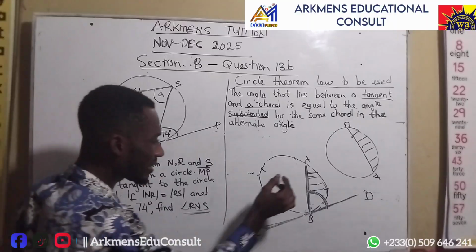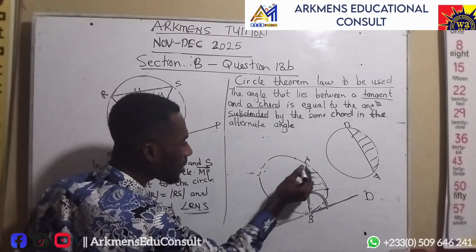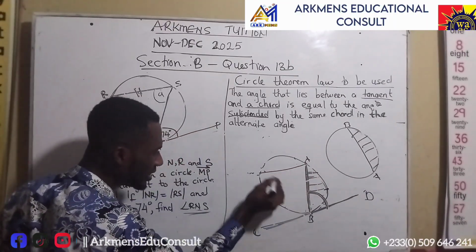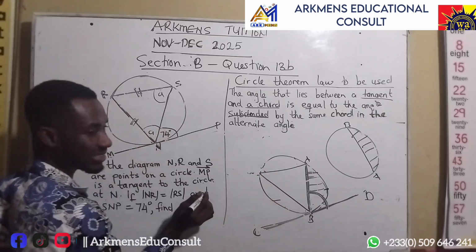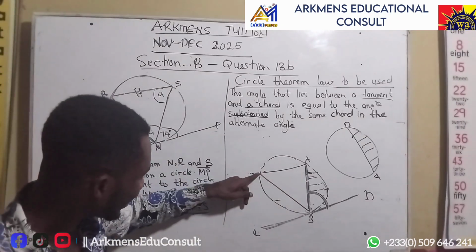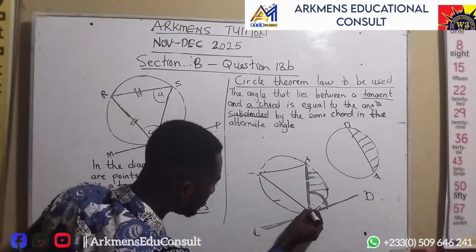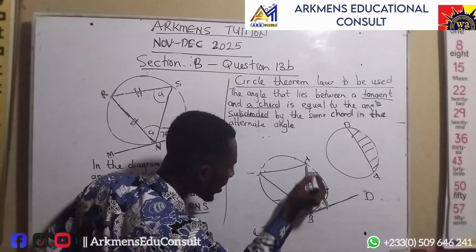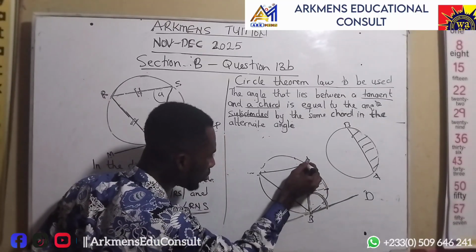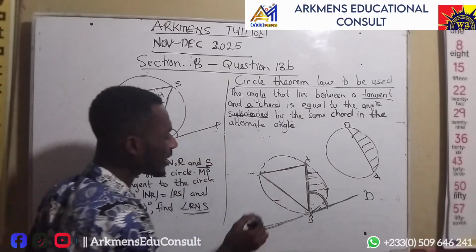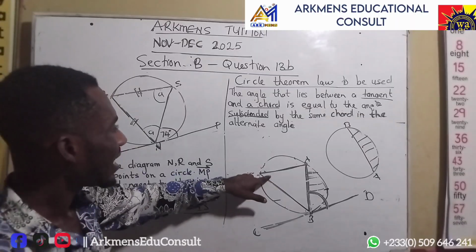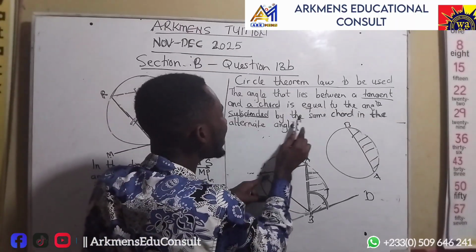Subtended simply means that this chord we have, AB, I am going to stretch it for them to meet at the opposite side. So I have stretched it and they are now meeting here. So the point where they touch the circumference, I'm going to stretch it. So when I stretch it, they are meeting here. That is what the term subtended by the same chord means.